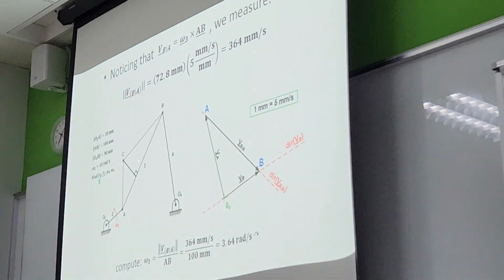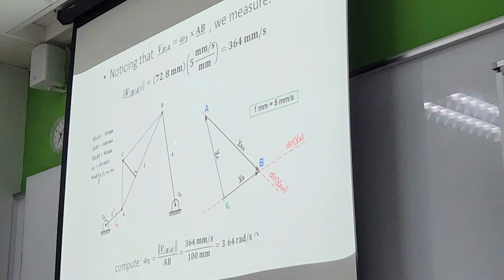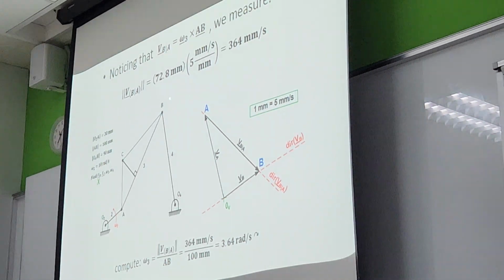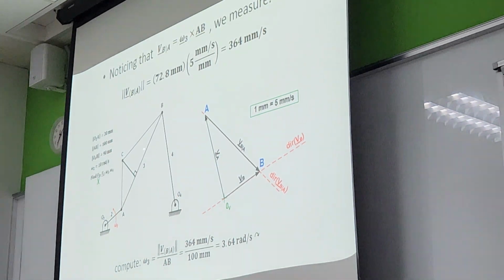But whether it is clockwise or counterclockwise, you can decide based on the vector here. If it is counterclockwise, this vector should be projected upwards. Since velocity B to A is downwards, the angular velocity of the link at this angle is clockwise.